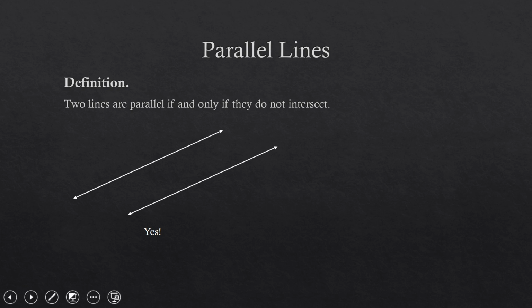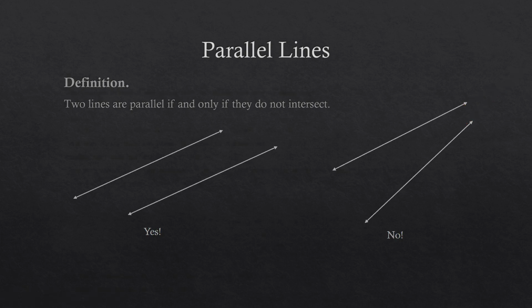Now, one thing to note: when we mark lines as parallel, we usually give little arrows to signify that these are, in fact, parallel lines, just to be doubly certain. These two lines are not parallel because if you were to continue them, eventually they're going to meet up at some point, and that's an intersection point, so they're not parallel.